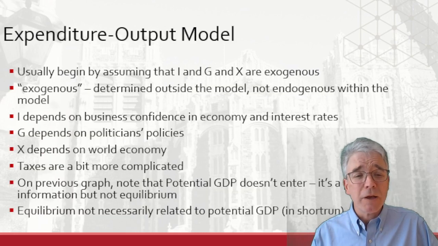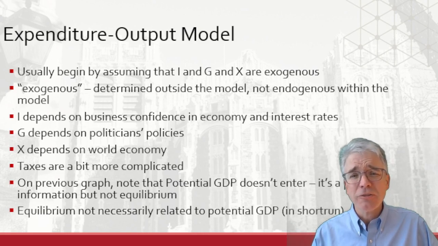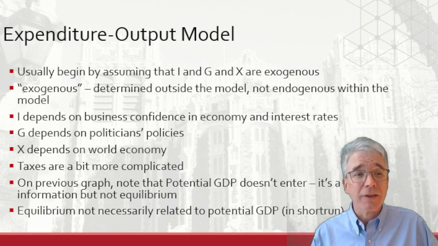But, to keep this model simple enough, we start by assuming these new variables are exogenous. Exogenous is just a fancy word that means determined outside the model. That's exo, outside, not endogenous. They're not endo, within the model. They're exo.